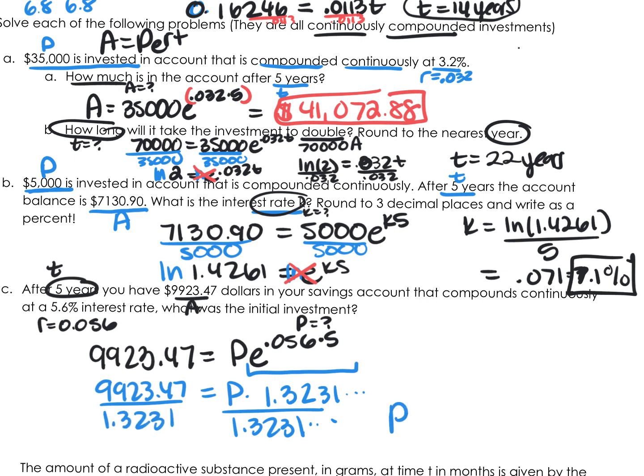And we'll get P is equal to 7499.9972. And if we're rounding to the nearest cent, this 9 is going to go up because of the 7. So then this 9 will go up, and this 9 will go up, and this 9 will go up, and this will round to $7,500.